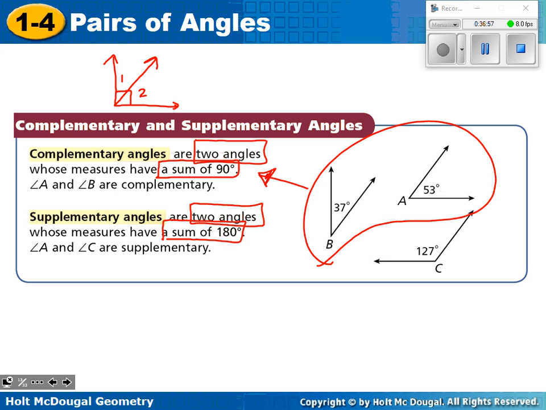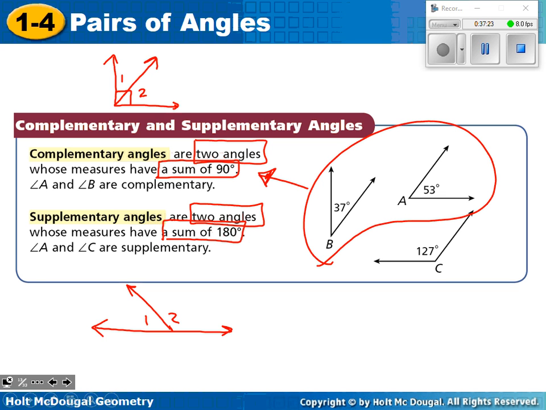Supplementary, they have to add to be 180. They could be adjacent. If they're adjacent and they add to be 180, what are they actually called? A linear pair, which is what we just talked about. Linear pairs are going to be supplementary all the time because they're going to form a straight line, but they don't have to be adjacent to be supplementary.